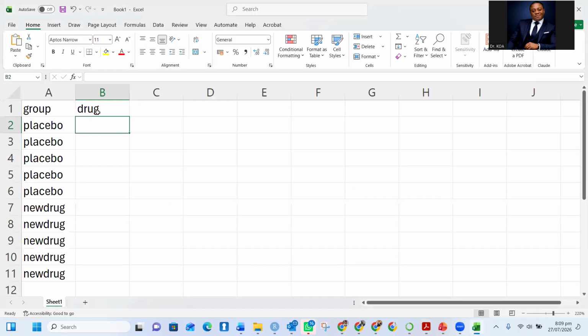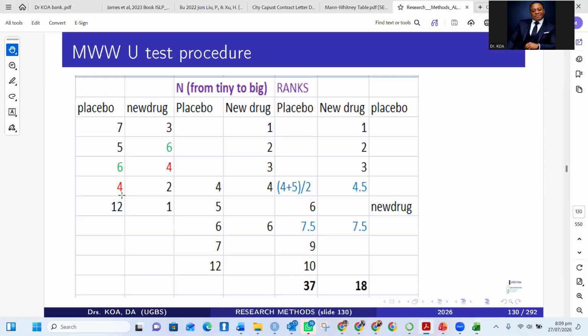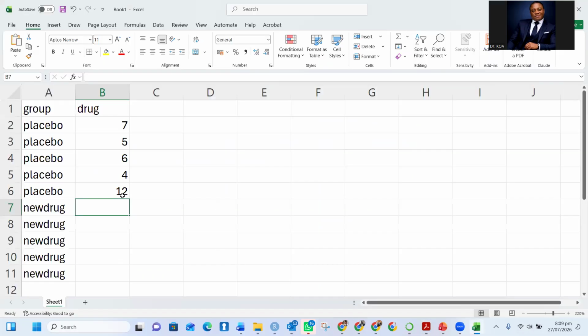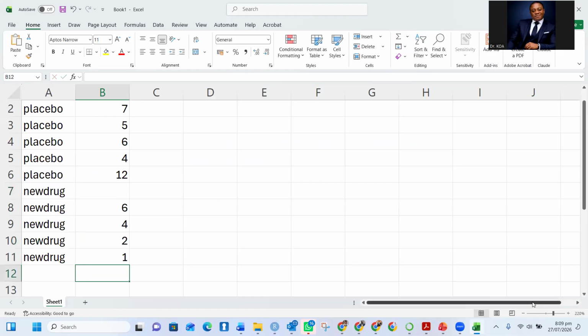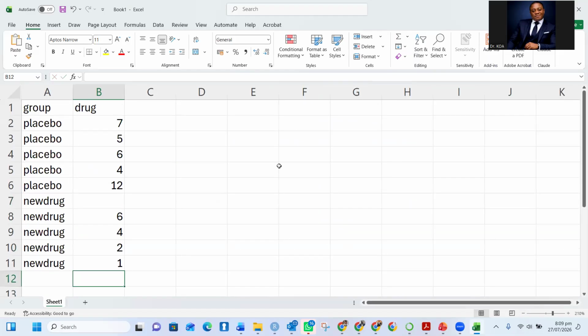And then the next one was 3, 6, 4, 2, 1. Okay, so this is your data set.